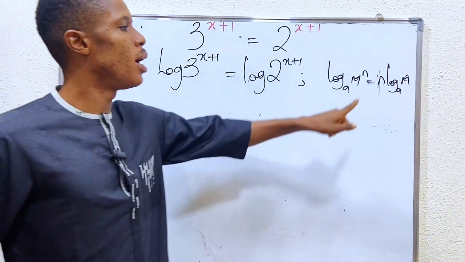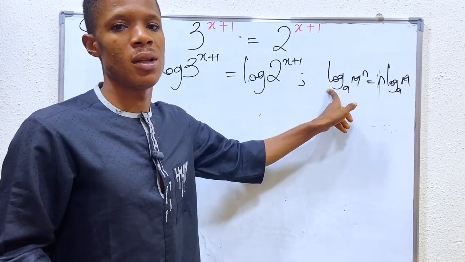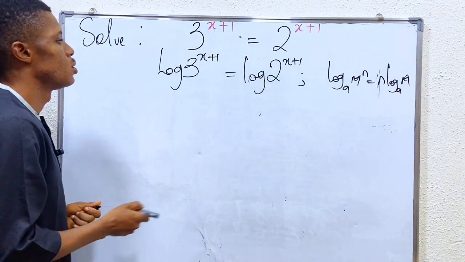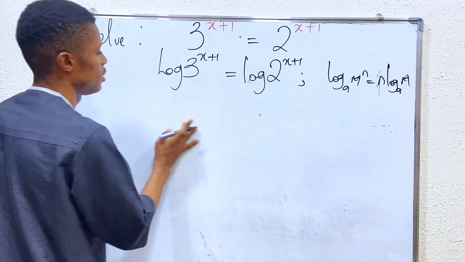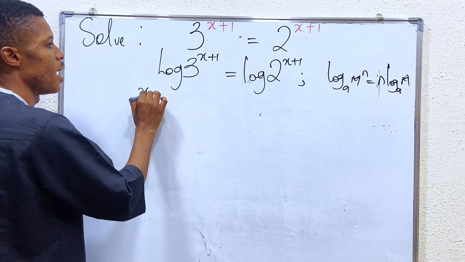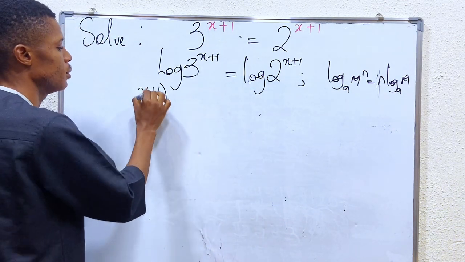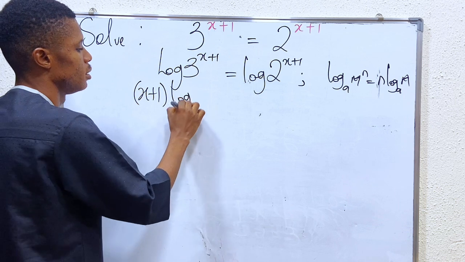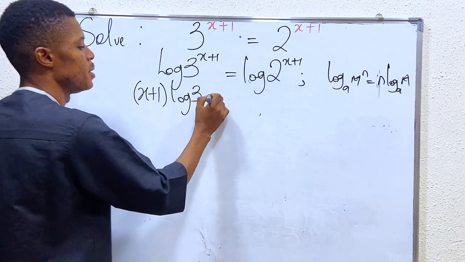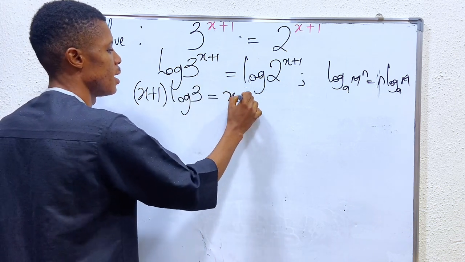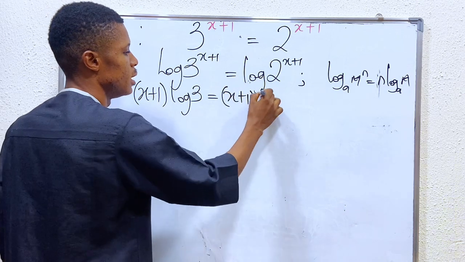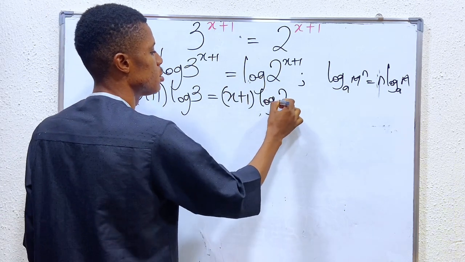When you have a power, you simply multiply the power by the logarithm. We apply it to the left and the right hand side. So we have (x+1) log 3 = (x+1) log 2.